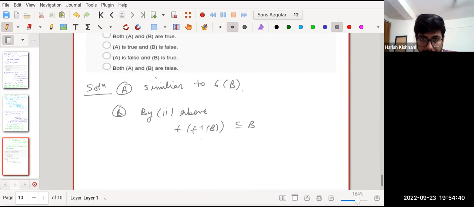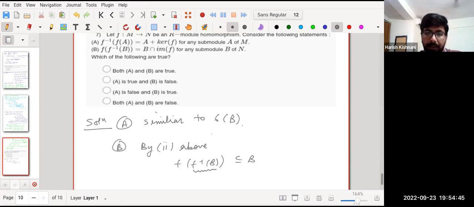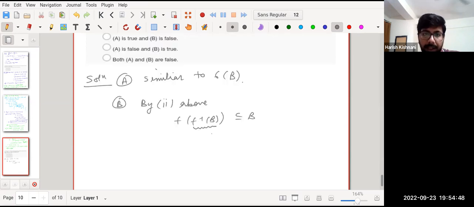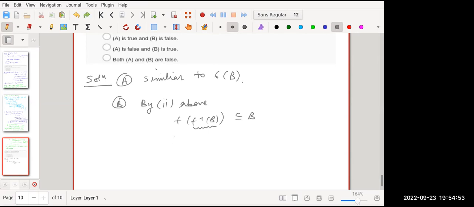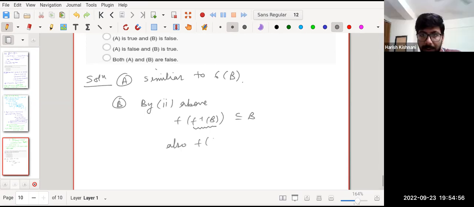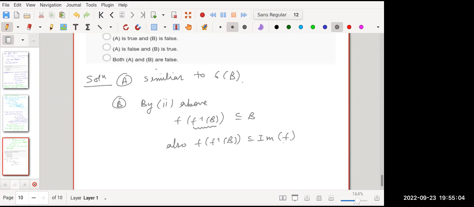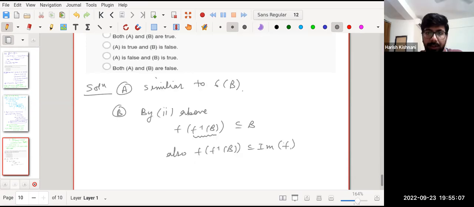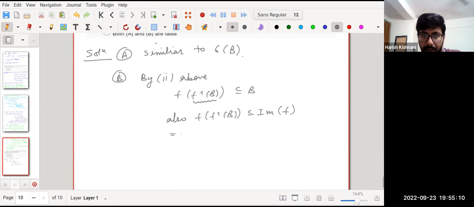And clearly this is inside the domain of f, so it is f applied on something, so it will also be inside image of f. So it is inside the intersection b intersection image of f. So f inverse of b is inside b intersection image of f.